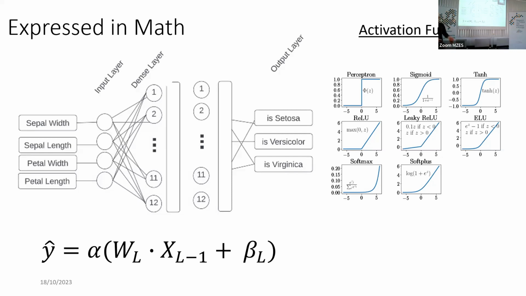And actually, I should specify that this is called a fully connected neural network. This is called a feed-forward, fully connected neural network. And it's called that because every neuron in every layer is going to be input for every neuron in every subsequent layer.